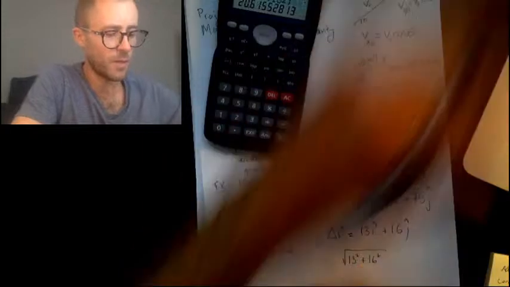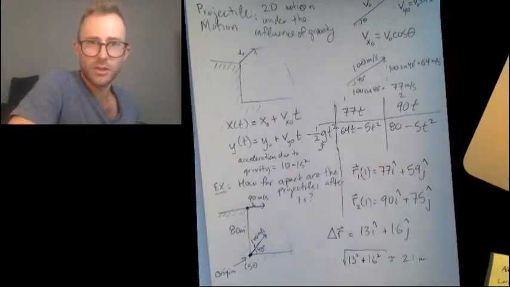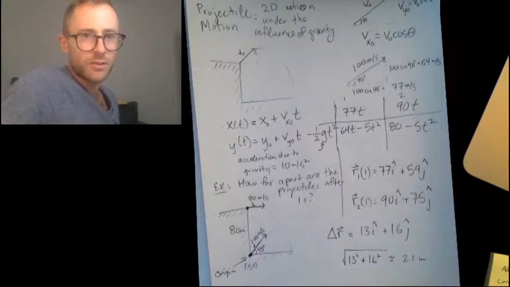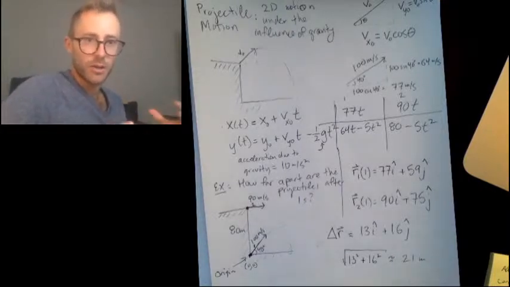So it's going to be about 21 meters. All right, so I would consider that a slightly more advanced projectile motion problem. It involves two projectiles. It involves thinking about this two-dimensionally.